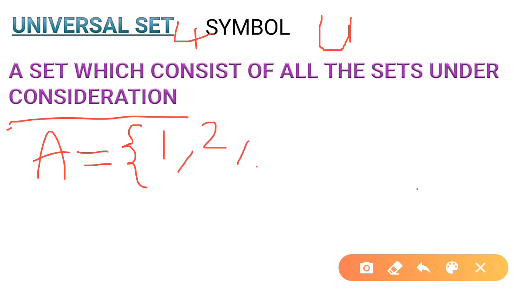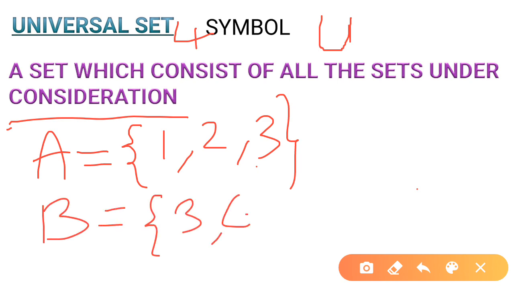So most important, under consideration, what are we considering here? The universal set does not mean universal like in the solar system, it is different from that. Mathematically in set theory, it is quite different. I'm taking A equal to {1, 2} and B equal to {3, 4, 5}.